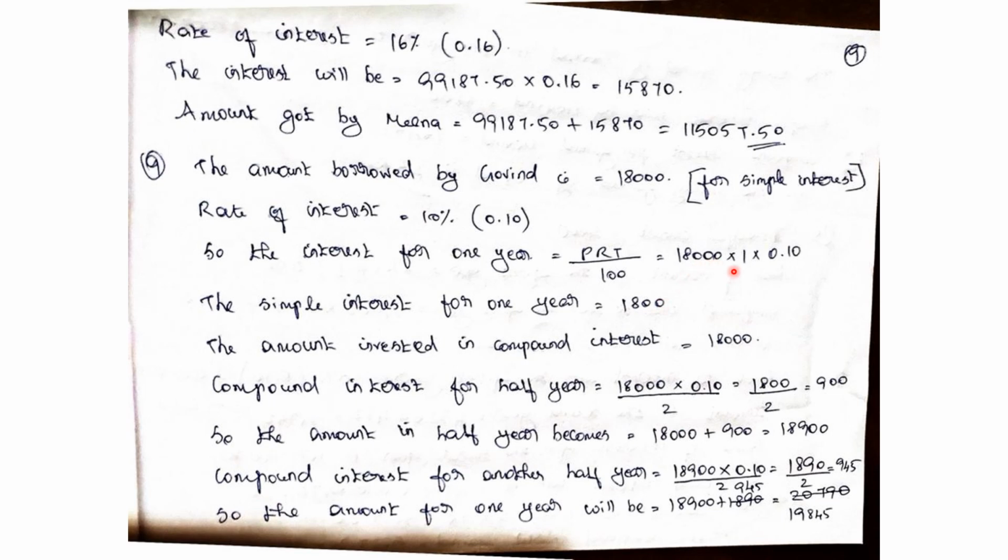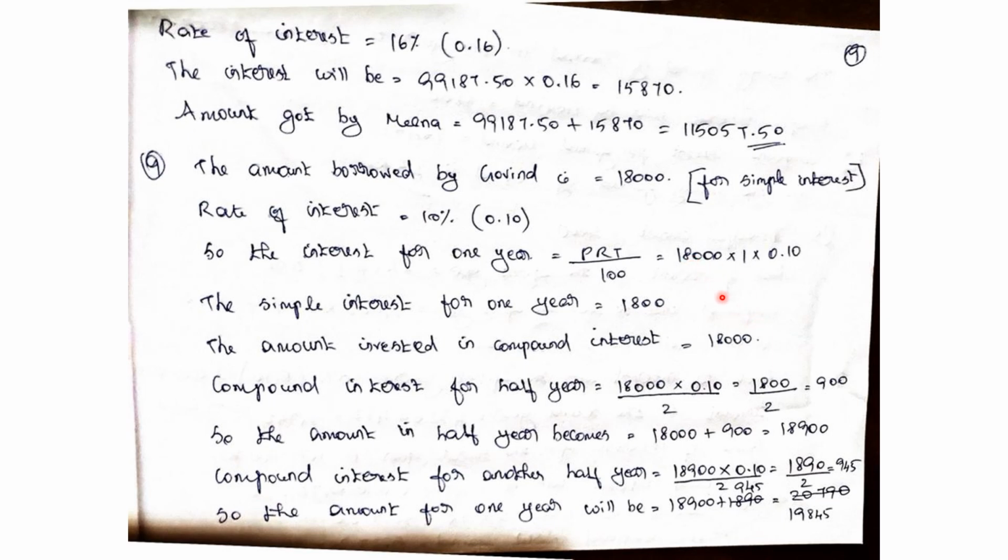Here what's happening, he got money from someone else. That is, Govind borrowed 18,000. But this is at simple interest. Simple interest means the interest is not getting compounded annually.